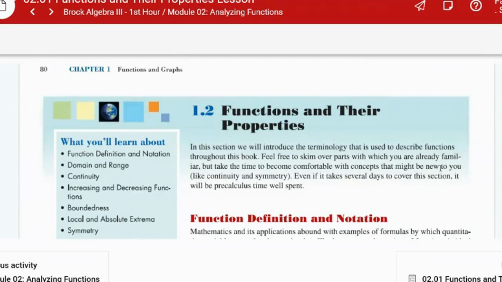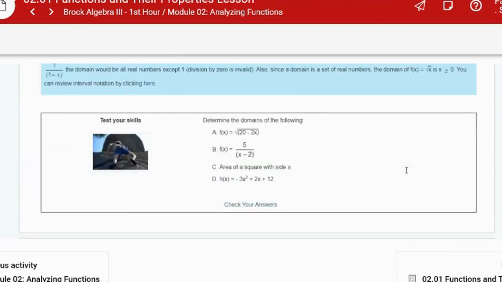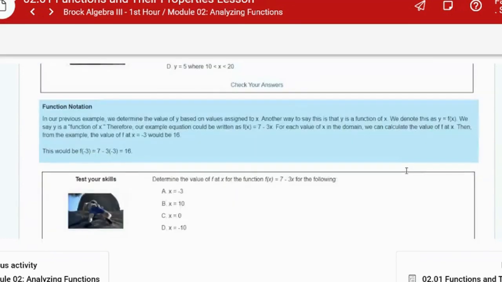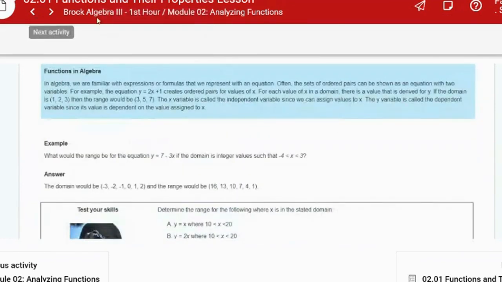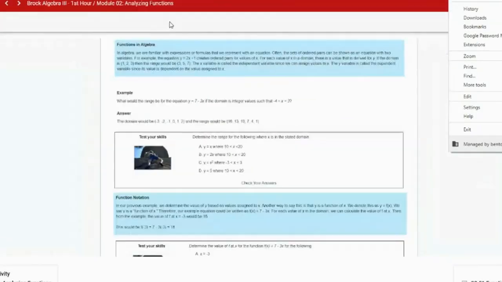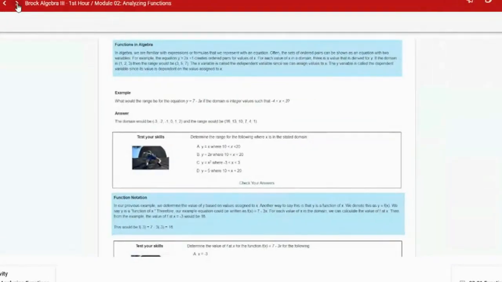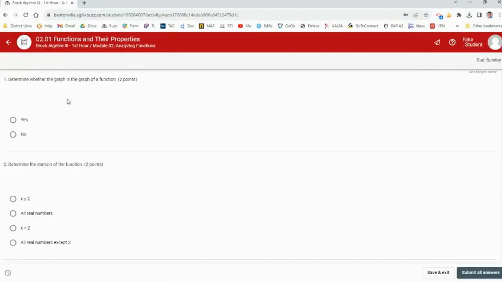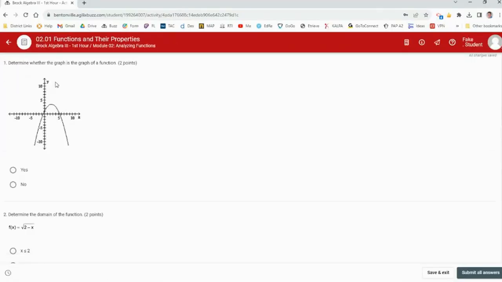So that's all that we talked about in lesson 2.01, defining a function and looking at the domain and range. Okay, so we'll go ahead and shrink this back down and look at the assignment for this one. Determine whether this is the graph of a function. How do we know if that's a function?